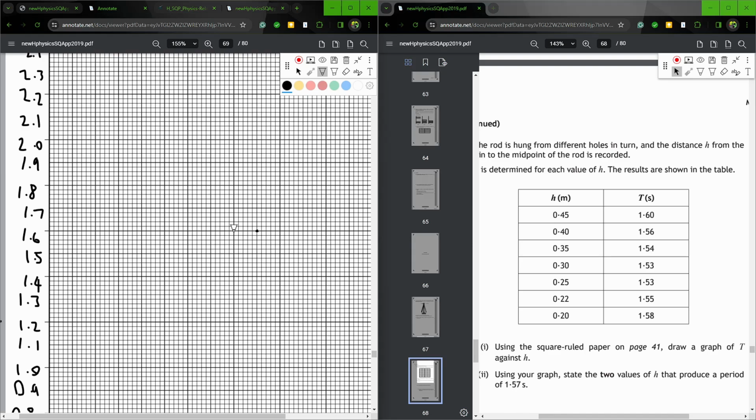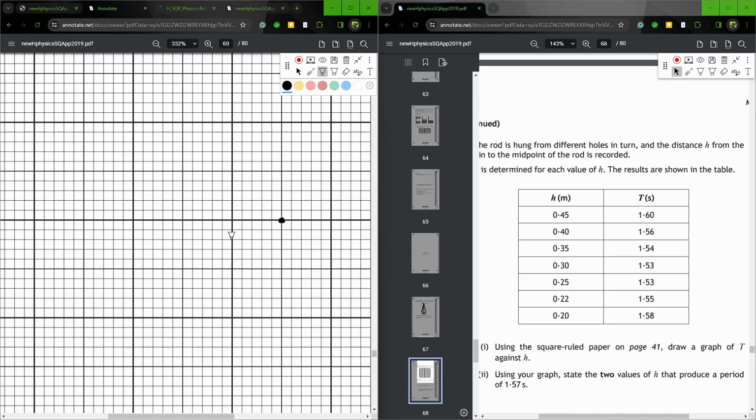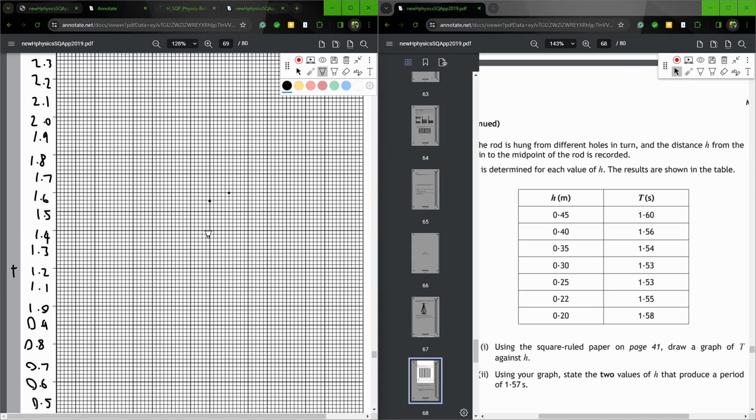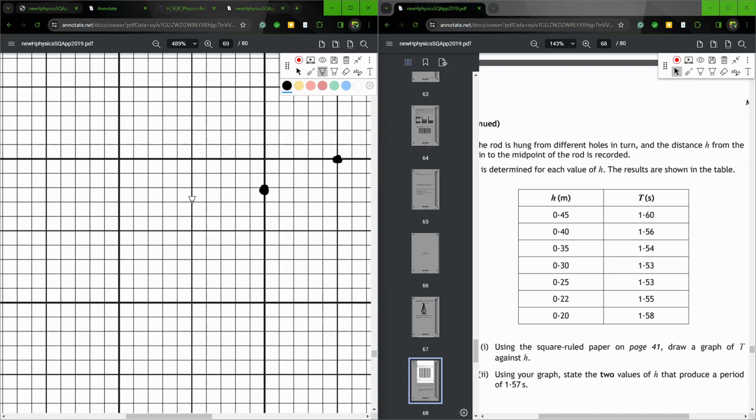So that would be down here, because each division upwards would be worth 2. So it'll be exactly there. And then another 5 will be down to 4.